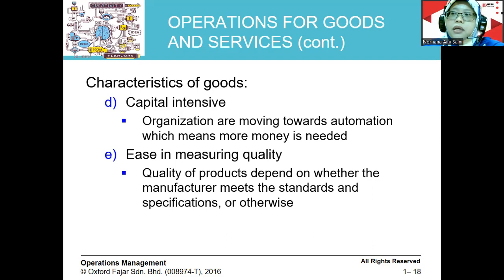If let's say the price is very expensive, definitely the product must be of quality. If you buy a product from kedai RM2, for example, kedai eco, don't expect that product to be just like what you see at IKEA, different. So when we talk about goods, it's easy for us to measure the quality, whether it is good or bad.